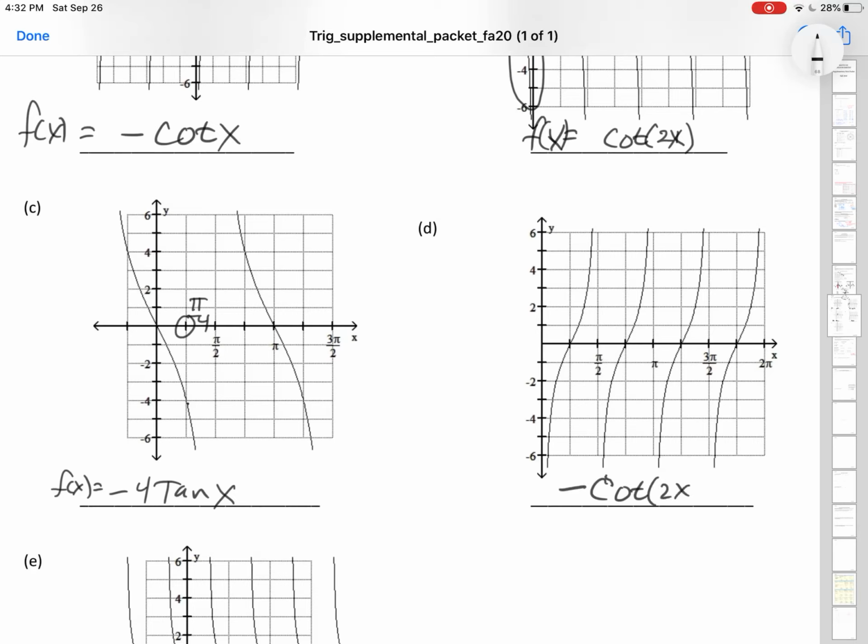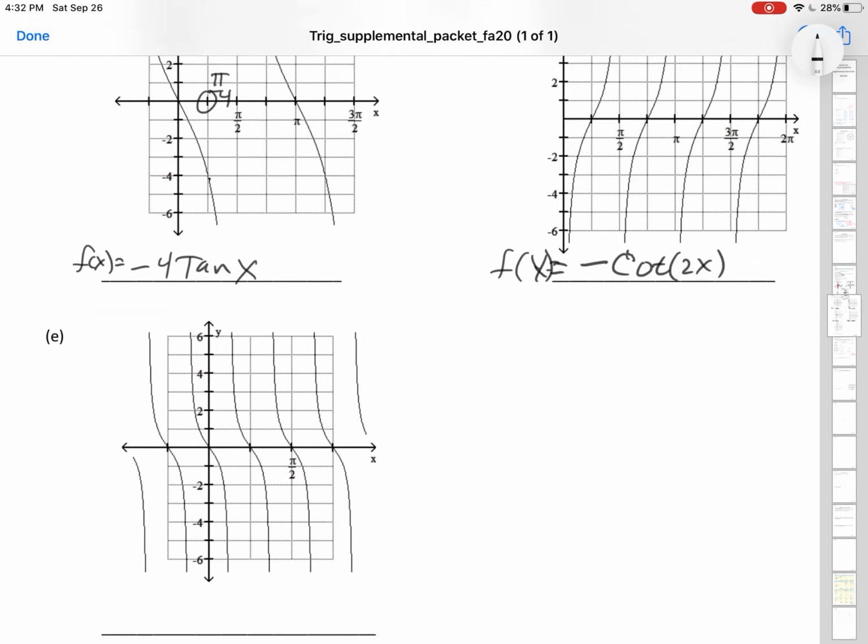And its period's cut in half. So f of x is equal to negative. So I think it's cotangent because it's got that 0 asymptote. Tangent wouldn't. If I plug in 0, cotangent of 0 is undefined. That's good. That's what's happening there. If I plug in pi over 2, that's going to give me pi. Perfect. So that seems like the right one there.